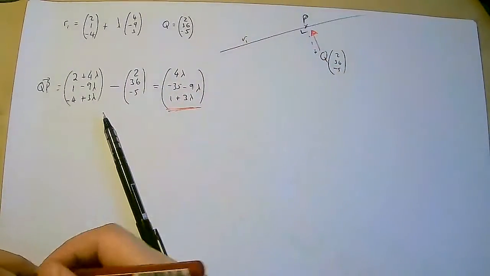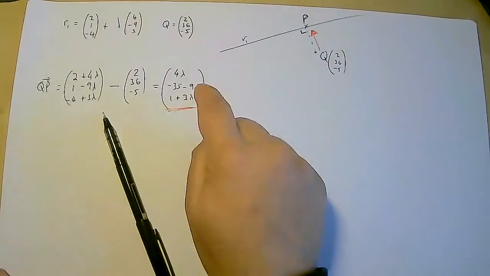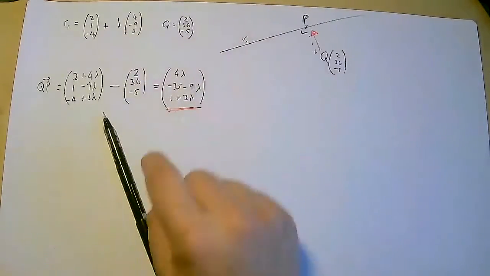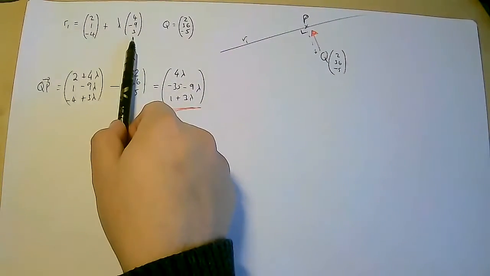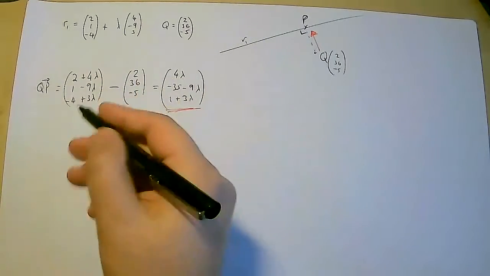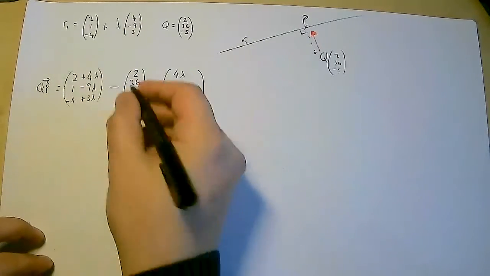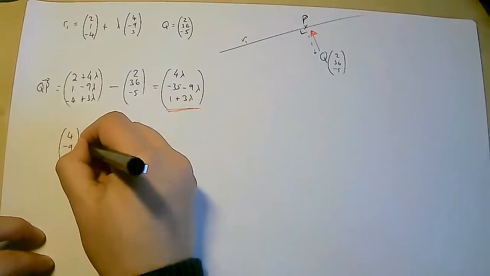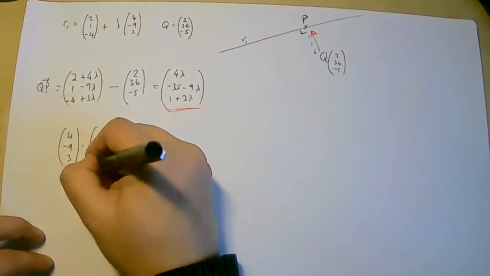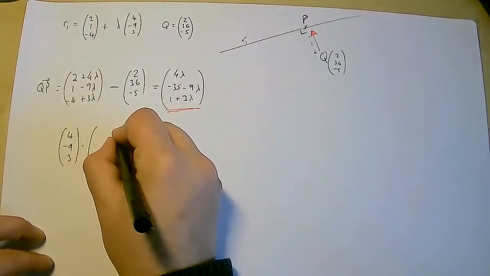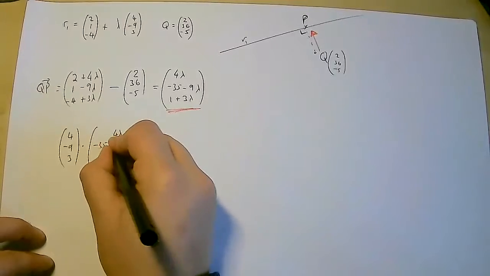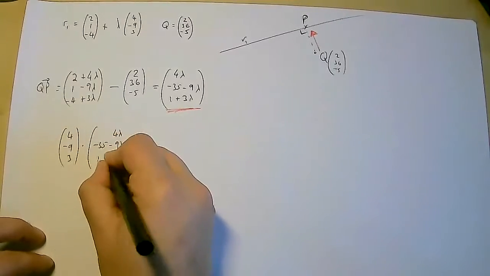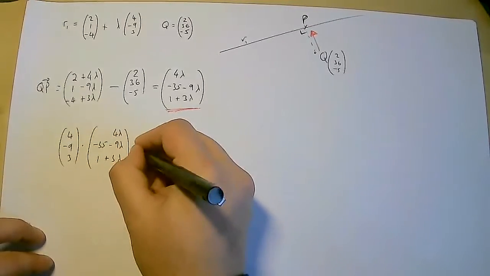All right. And we want that right angle, which means that this dotted with the direction of that should be 0, and that there is the direction of that. So what we need to do is this 4, -9, 3 dotted with 4 lambda, -35 take 9 lambda, 1 plus 3 lambda.